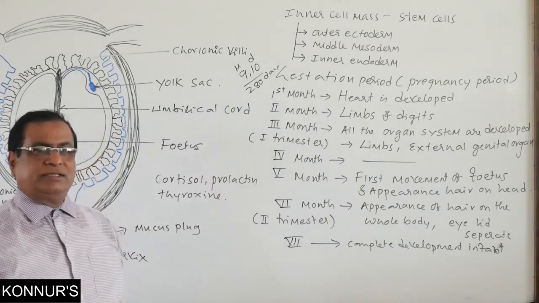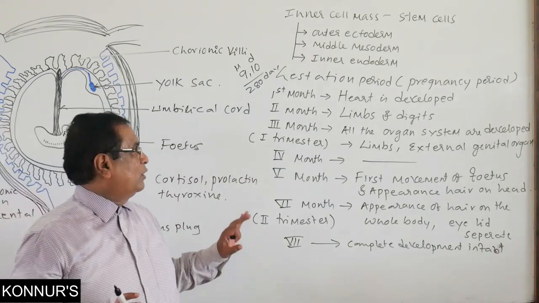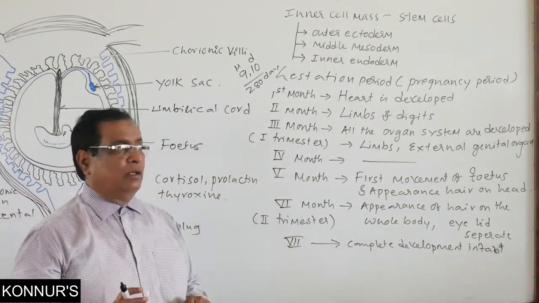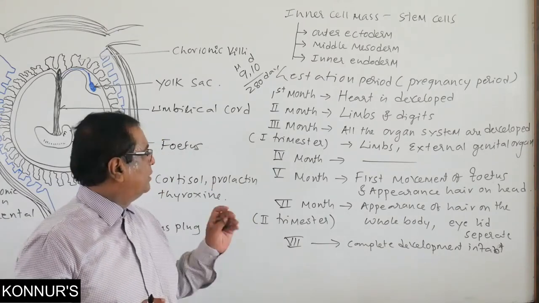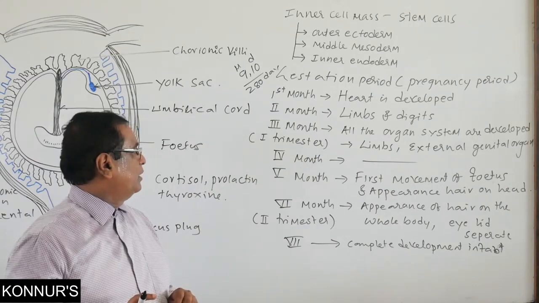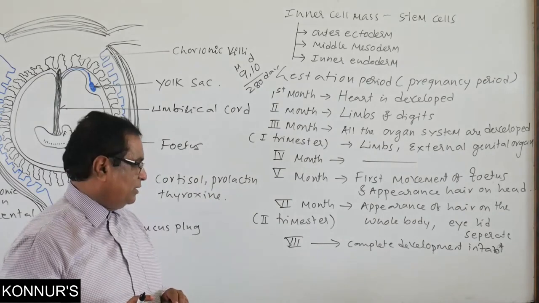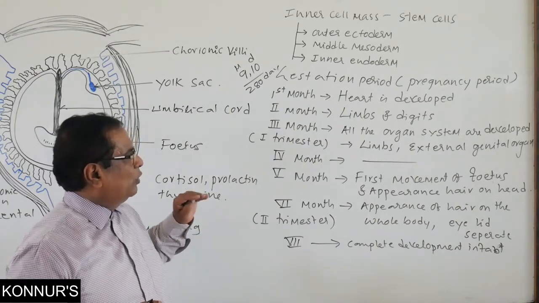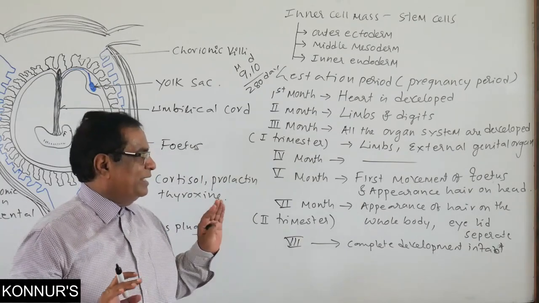And this is the pregnancy period. During the pregnancy period, in the first month we could see the heart is developed, in the 2nd month limbs and digits are developed, and in the 3rd month, which is considered the first trimester, all the organ systems are developed, including limbs and external genital organs.